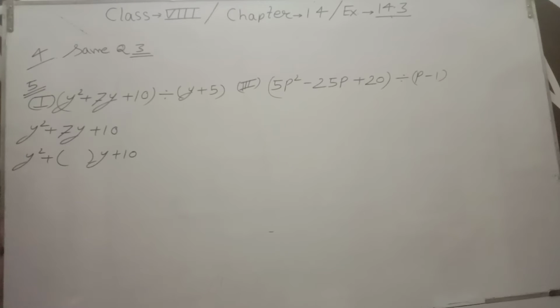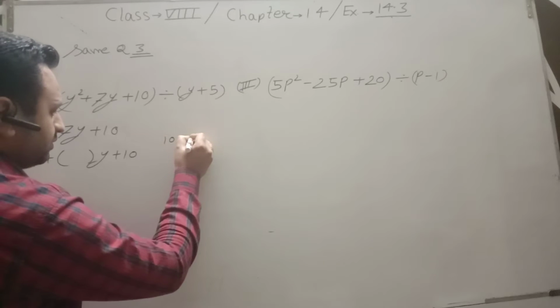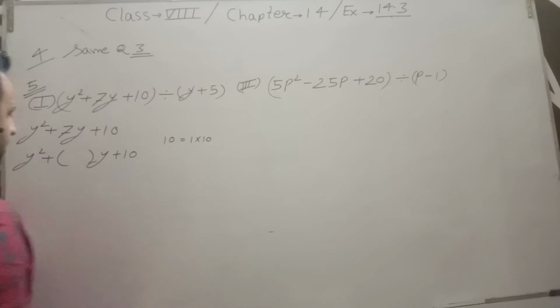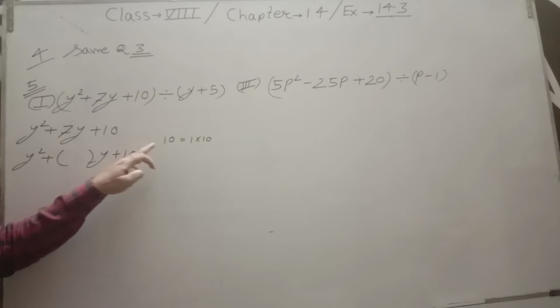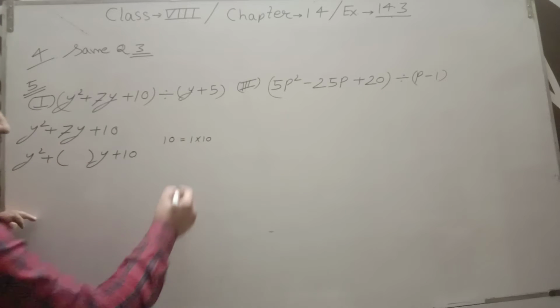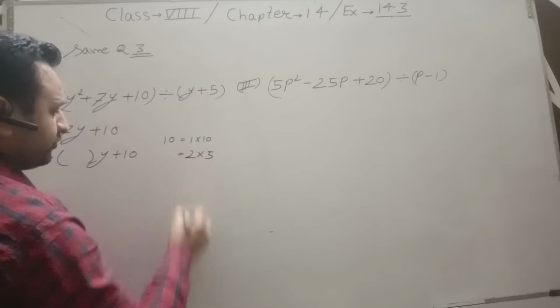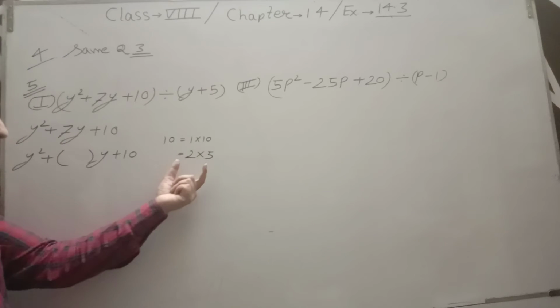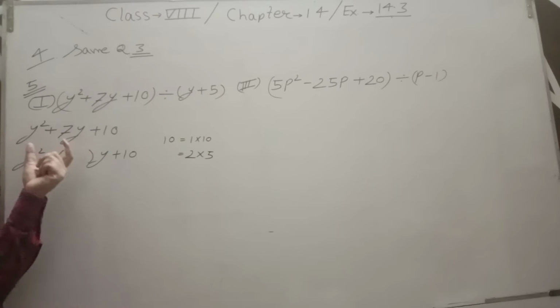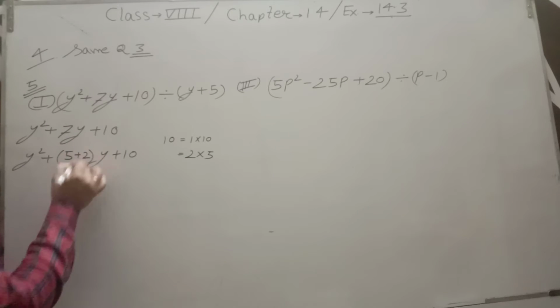Now we factorize 10. We have to find two numbers whose product is 10 and whose addition is 7. We can write 10 as 2 times 5, and we observe that their addition is 7. So we split 7 as 5 plus 2.